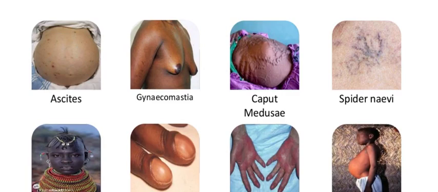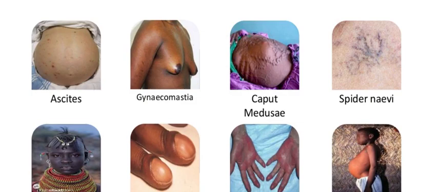Now, let's look at the signs of chronic liver disease or infection. If the infection lasts for many years, 15 to 20 years, it can lead to various complications, some of which are shown here. Ascites is when there is fluid collecting in the abdominal cavity.